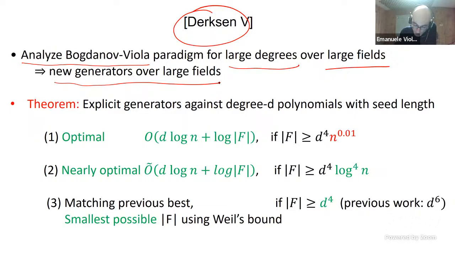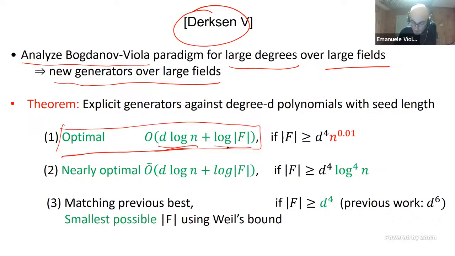In particular, we are able to get optimal seed length, which is d log n plus log the size of the field. This is the optimal dependence, up to the constant in front, if the field is large enough. So the field has to have size d to the power 4 times some power in n, the number of variables.